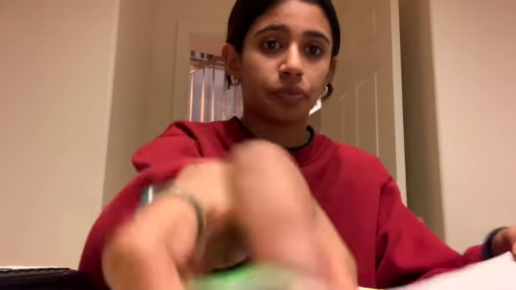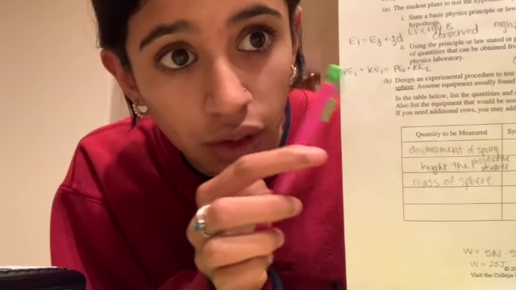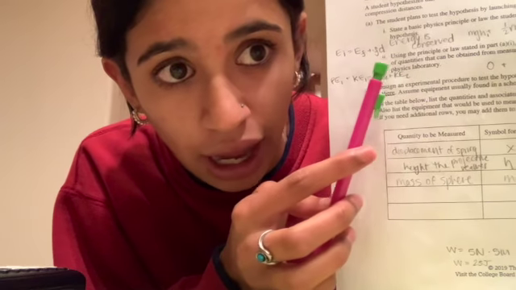So a way to write that would be PE1 plus KE1 equals PE2 plus KE2. All we can see here is that this total initial energy is equivalent to the total final energy. I just wanted to note that non-conservative forces come into play, and that is added onto the final energy.